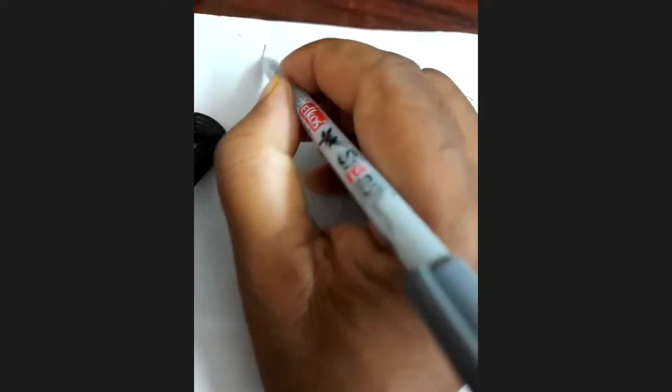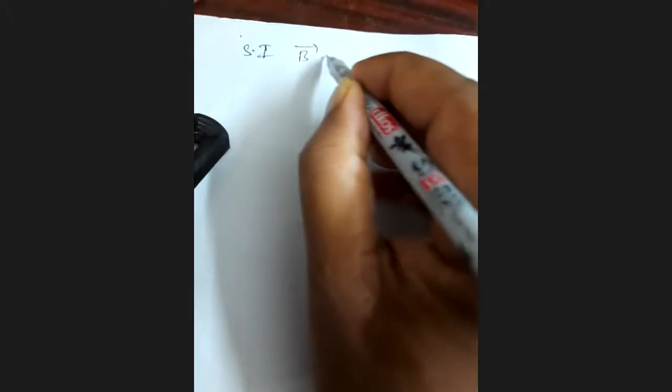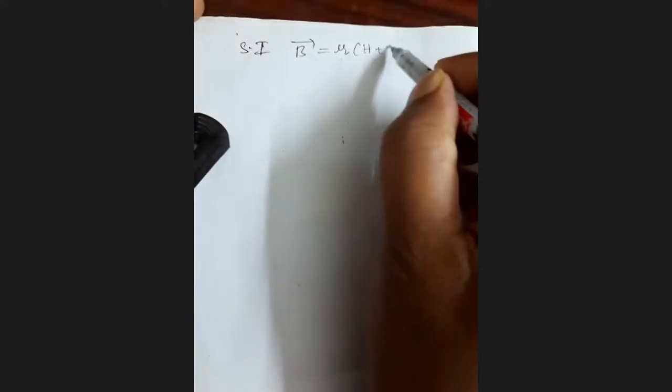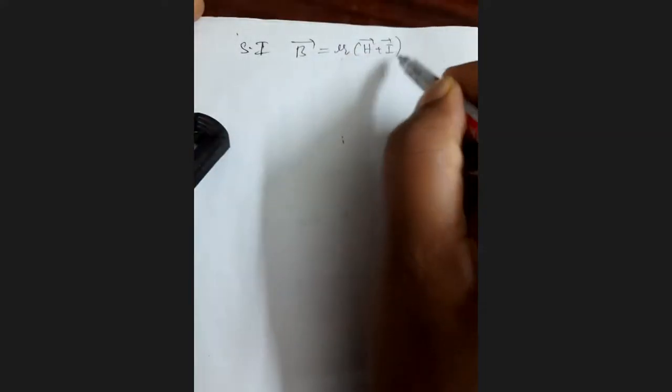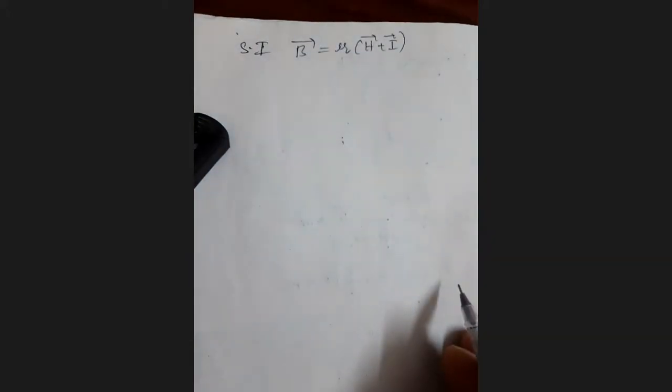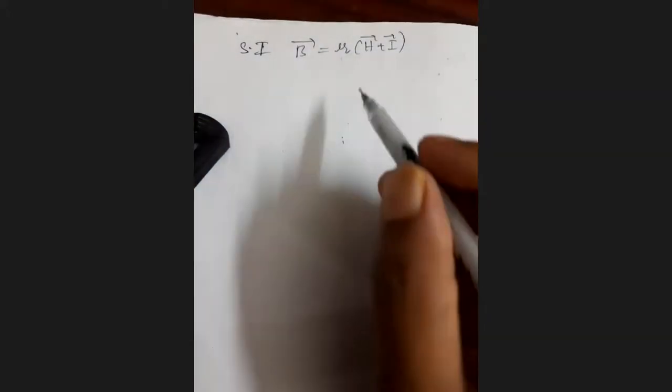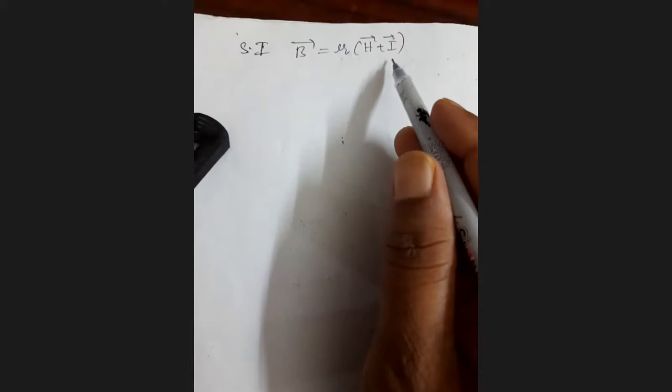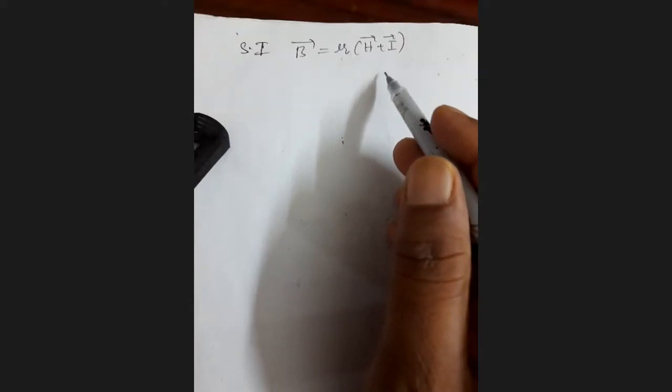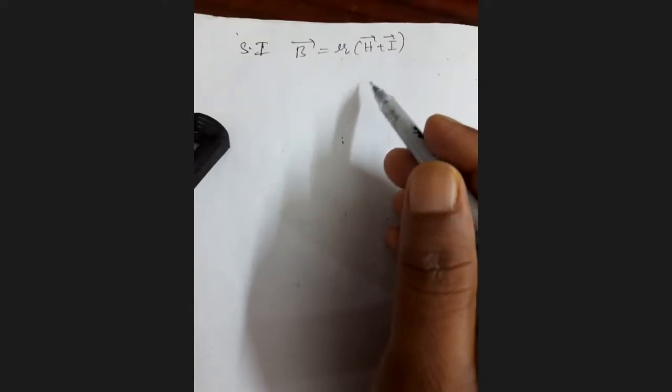Right. Now, what is the relation between B and H? Actually, in the SI system, B bar is equal to mu naught into H bar plus I bar, where I is the intensity of magnetization. What is that? When a magnetic material is placed in the external magnetic field, that substance can be converted into a magnet.